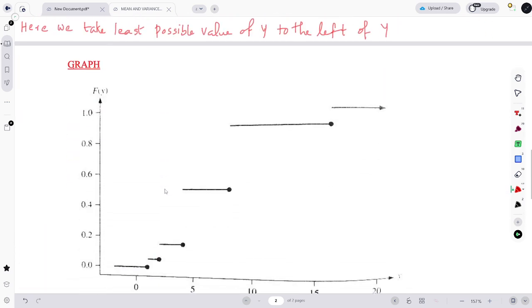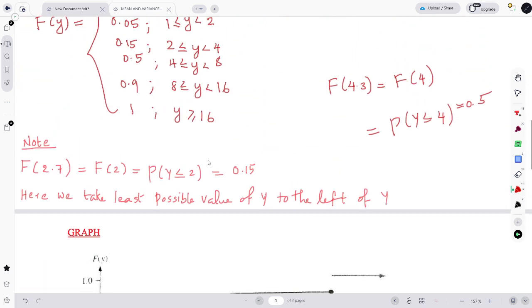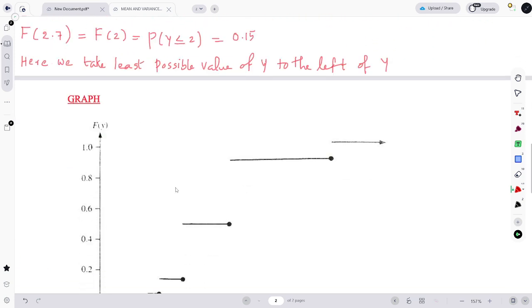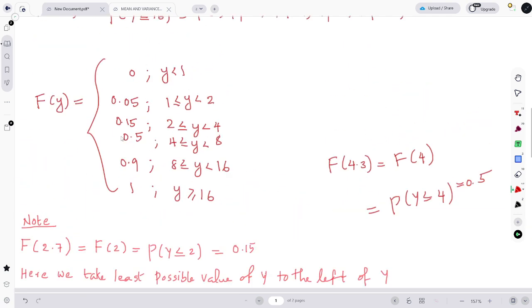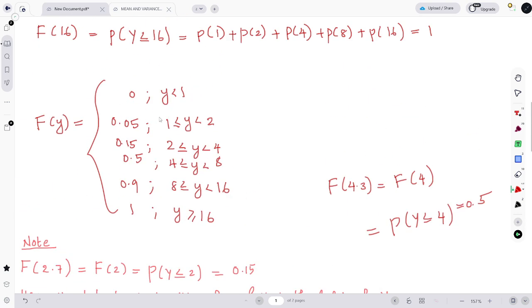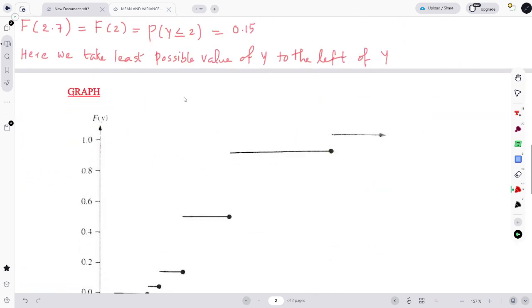So we can draw the graph of the CDF function like this. We can take a step function like this. Take the values of y on the x-axis and the CDF on the y-axis. From this function, it is given that the value of the CDF is equal to 0 when y is less than 1.